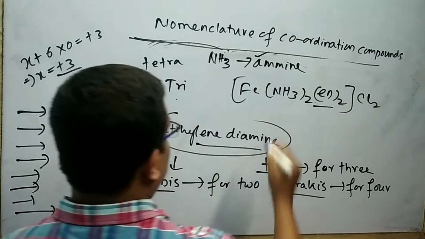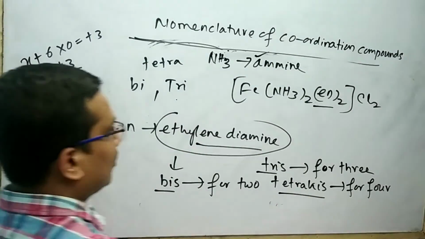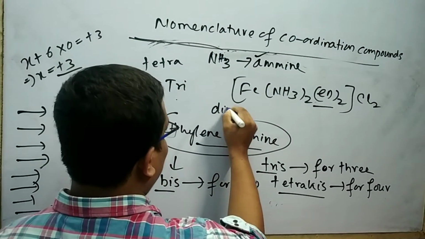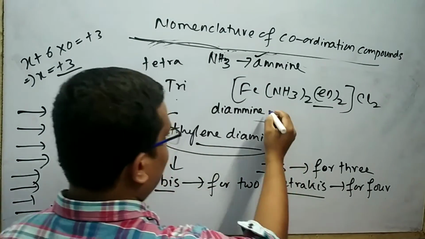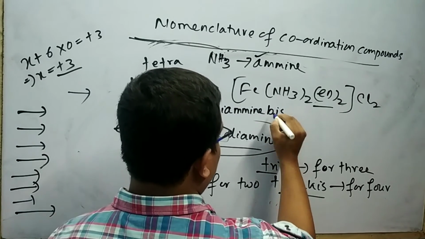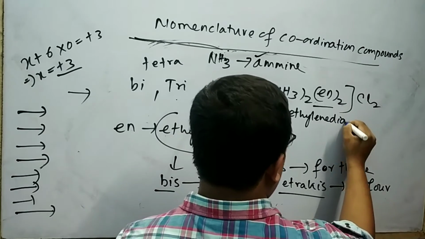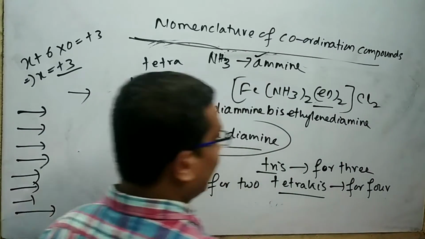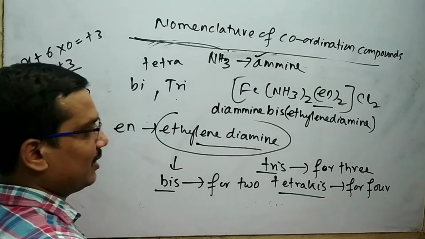A comes first according to alphabetical order. So I can write diammine, bis(ethylenediamine), which is bound to be given a parenthesis bracket like this.